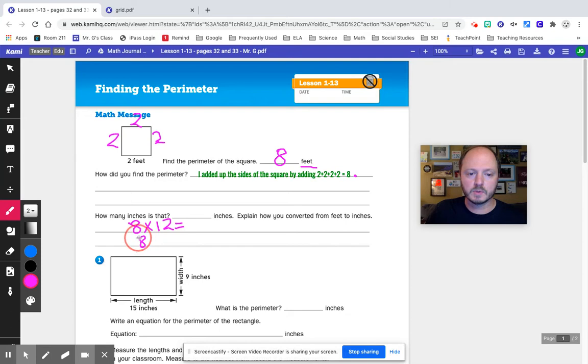I'm going to split it up into two parts. 8 times 10 and 8 times 2. And that is a little more manageable. What's 8 times 10? It's 80 plus 8 times 2, 16. So those two together make 96.